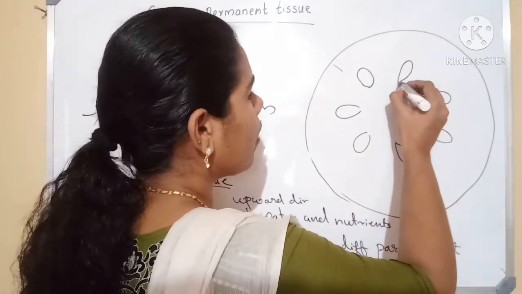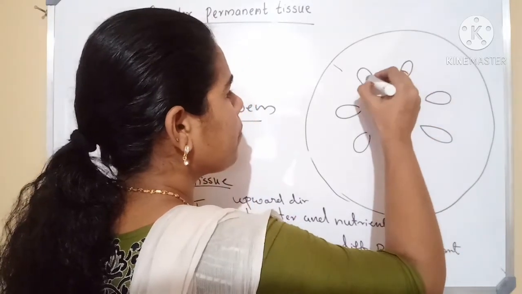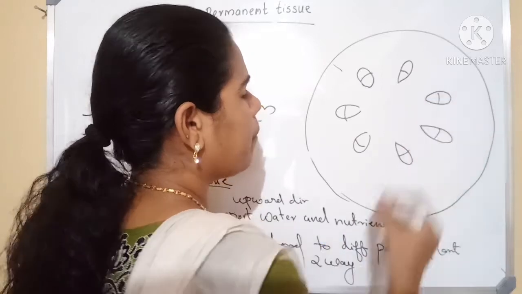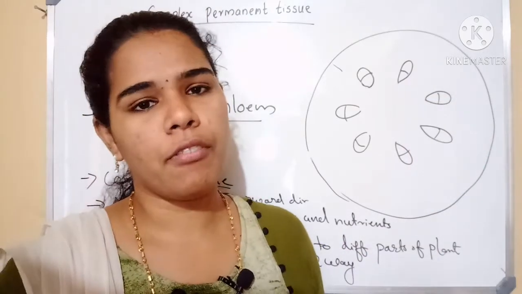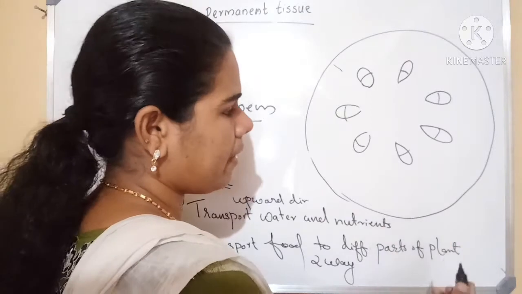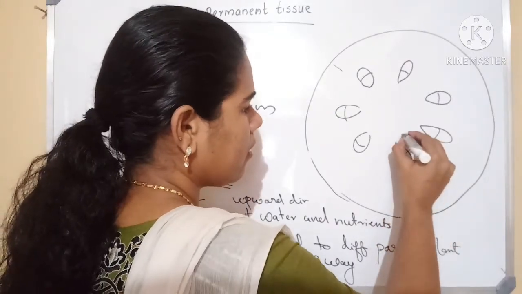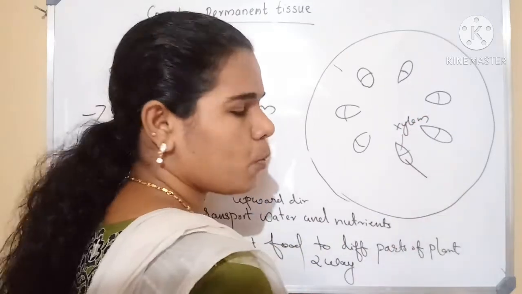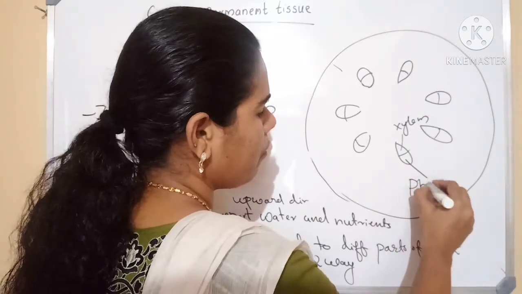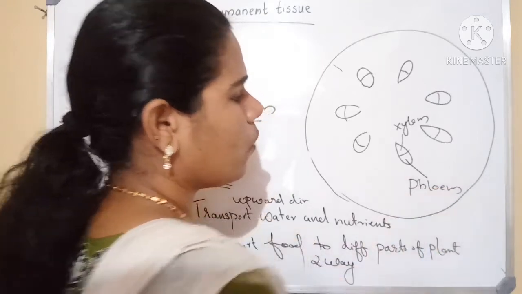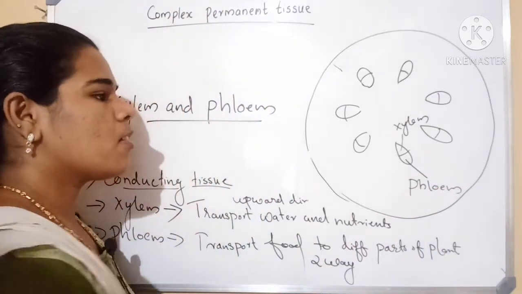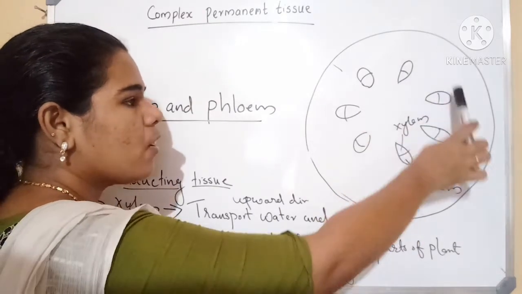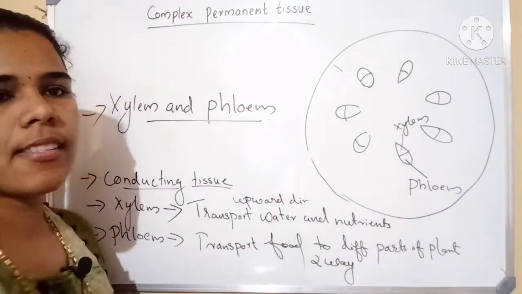Each vascular bundle is made up of xylem, phloem and also parenchymatous tissue. Here xylem is present and this portion is made up of phloem cells. So xylem and phloem are constituted in vascular bundles.